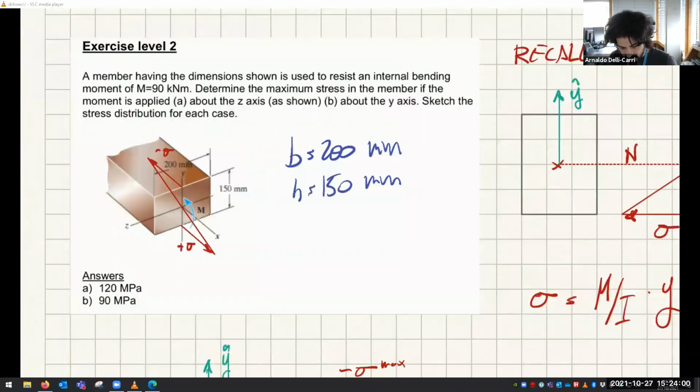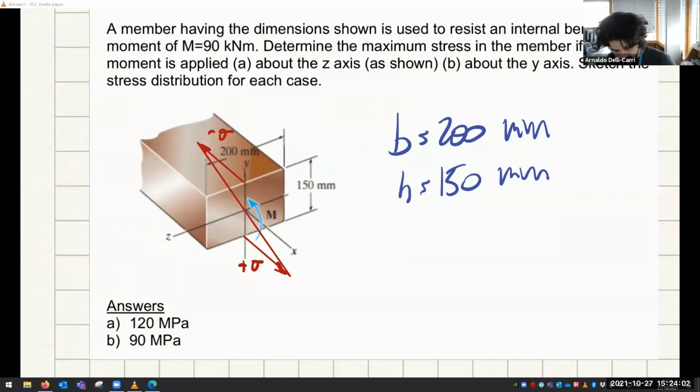See, if I change this, let's say I'm doing this around the y-axis, then in this case, now this part is going out, and this part is going in. So it changes like this. Okay, so this is the new distribution.